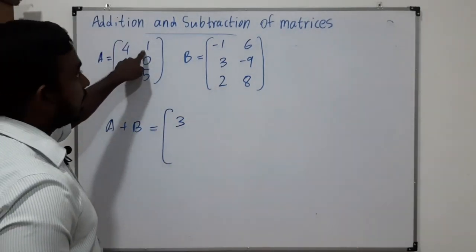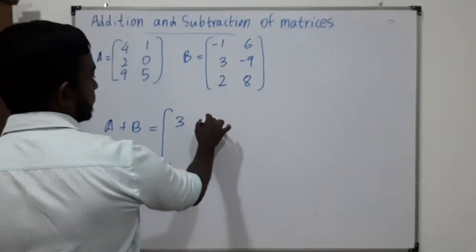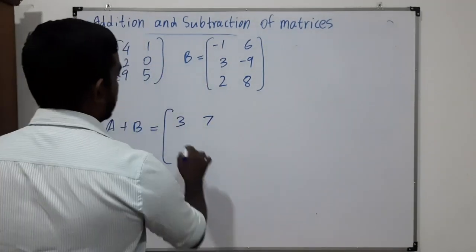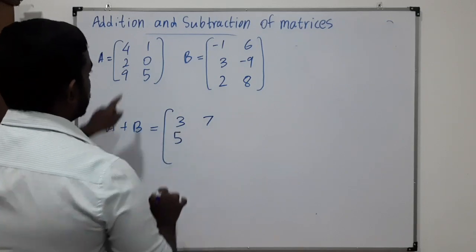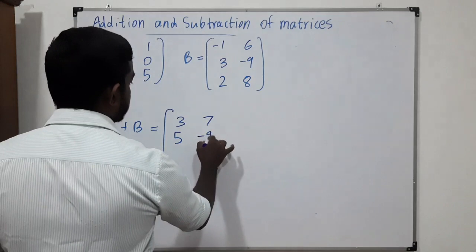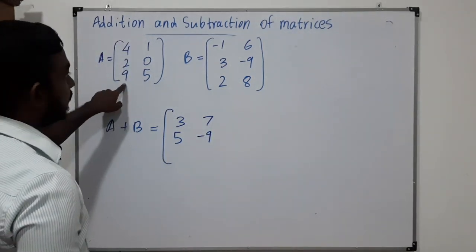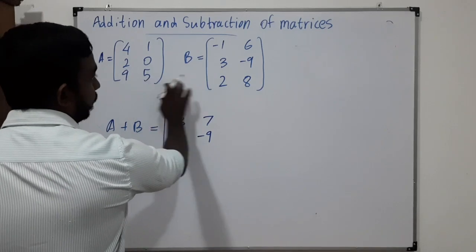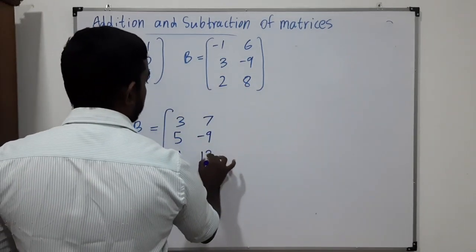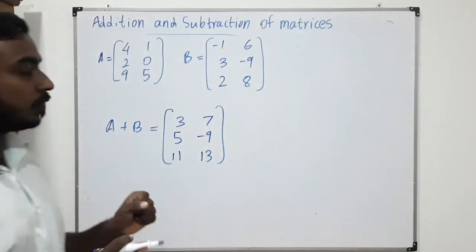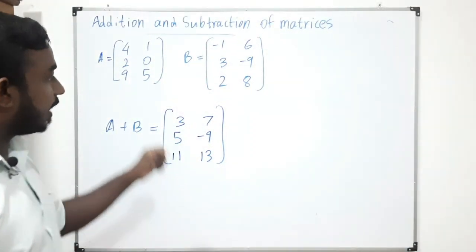Then 1 plus 6 will be 7. Then 2 plus 3 will be 5. 0 minus 9 will be -9. Then 9 plus 2 will be 11. 5 plus 8 will be 13. So as you can see, it is very easy. You have to find the corresponding elements and add them.